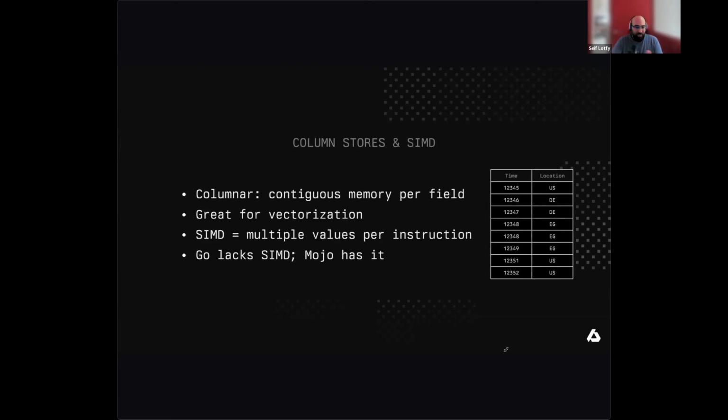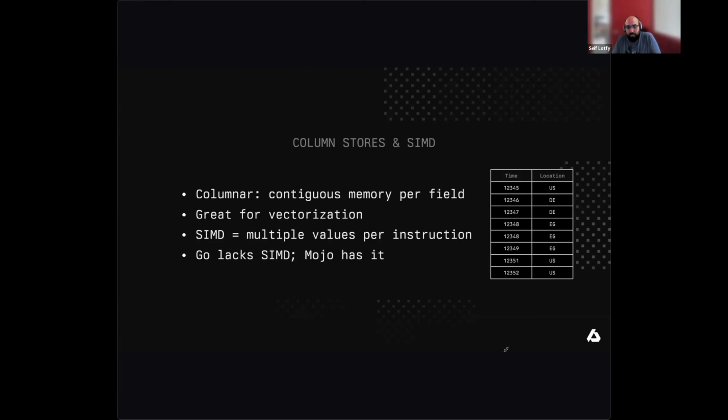If you don't know what a column database looks like, this is a column database. You can see the columns. For example, the first column would be a delta. You could do a delta encoding on time. That fits beautifully in SIMD instructions. The layout is meant for that. The location could be a dictionary encoding followed by a run length encoding.